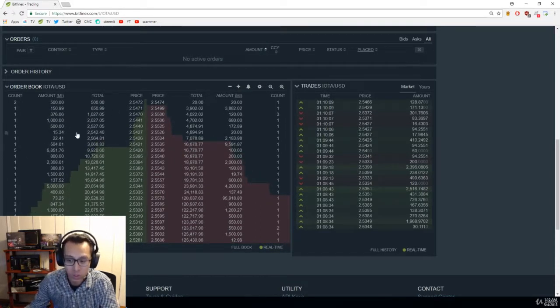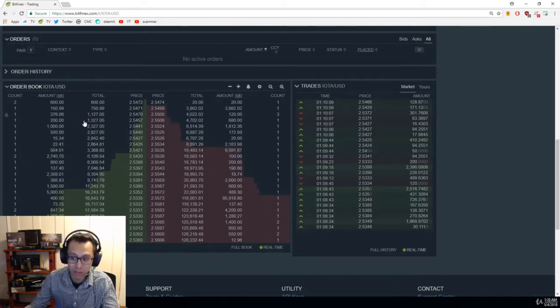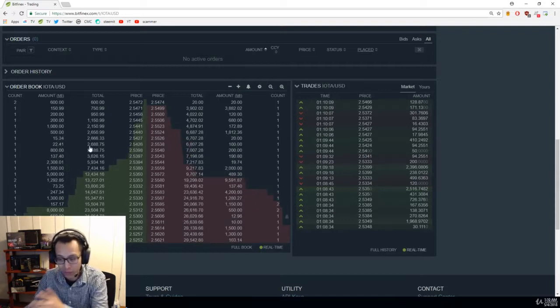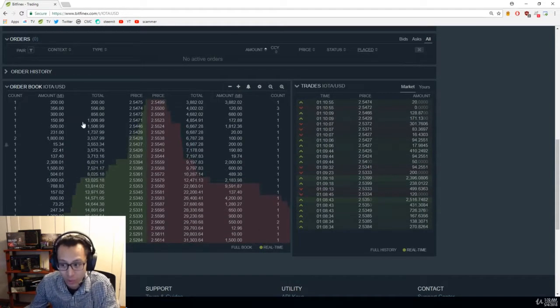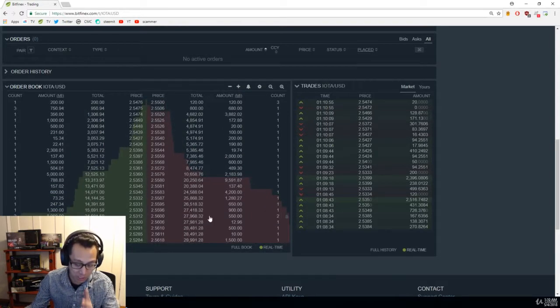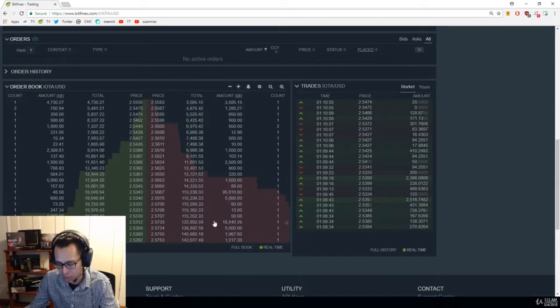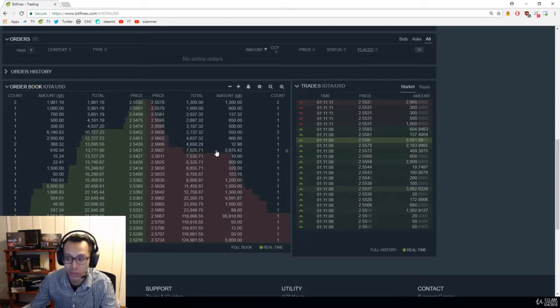But if you saw this side was much more green, for example, than this side was red, then the side with more green will end up devouring this side over here. That is what's going to happen. So once again, if this side was more green with the bigger tidal wave, it'll end up devouring to this side. But if this side was showing more red, then it would end up devouring over to this side.